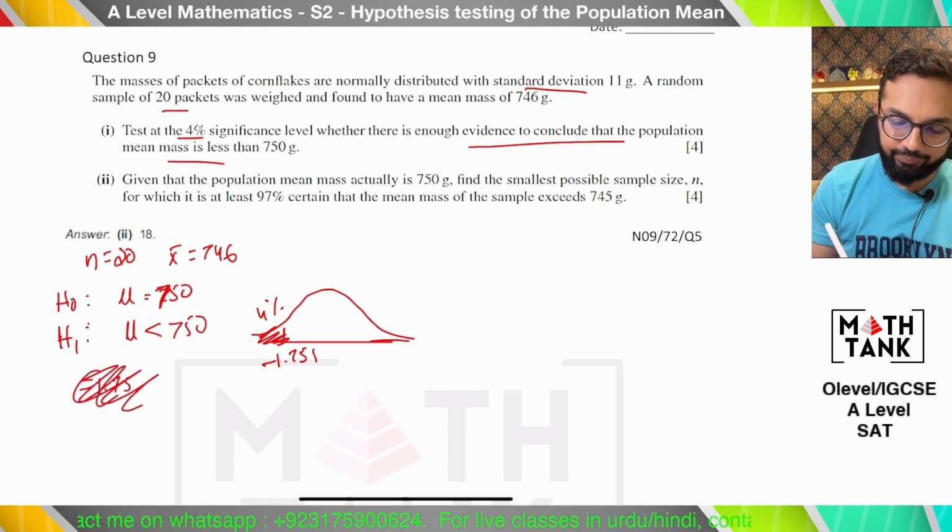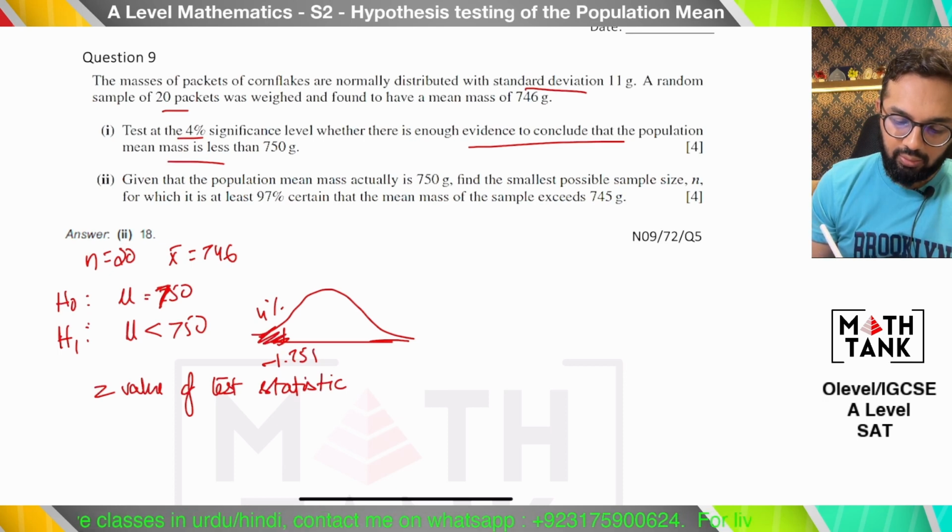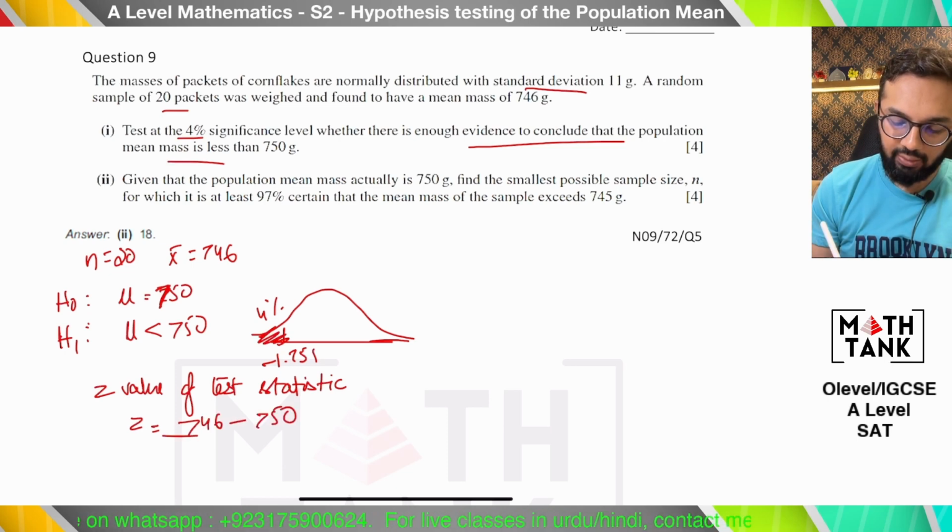Okay, so the z value of the test statistic is 746 minus 750 divided by 11 over root 20.